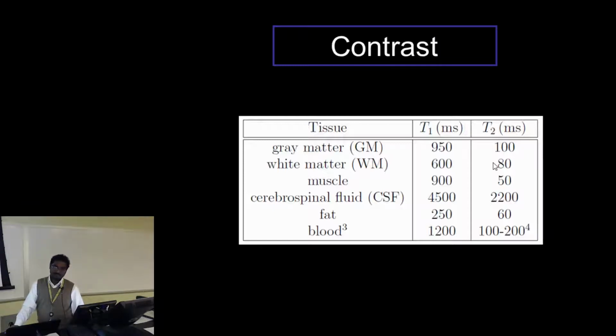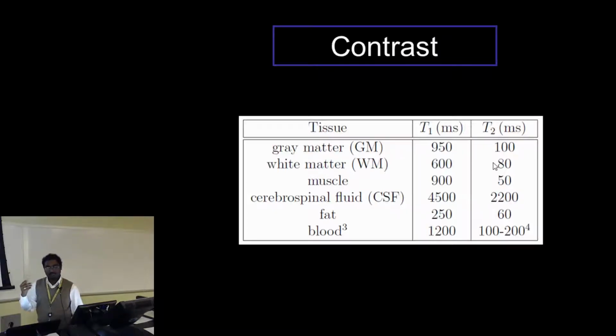If you consider arterial, T1 is about 1200 for blood, and arterial T2 is about 200. Then you go to white matter at 600 T1, and that's 80. So far we are more or less linear, right? Decreasing, the lower the T1, the lower the T2, and suddenly muscle and fat are a bit different.